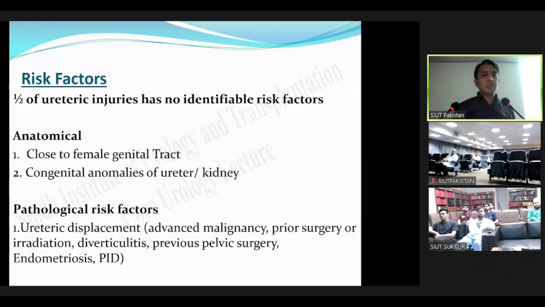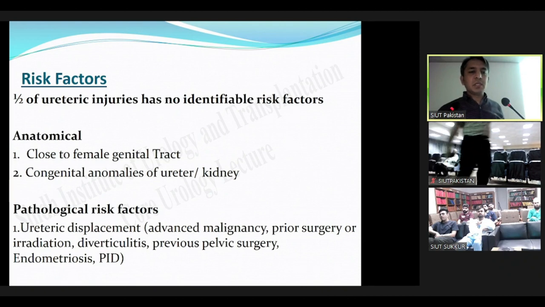The risk factors for ureteric injury: the majority of ureteric injuries have no identifiable risk factor, and other contributing factors include closeness to the female genital tract, which is why it is commonly injured, like in gynecological surgery such as hysterectomy, and congenital anomalies of the ureter.